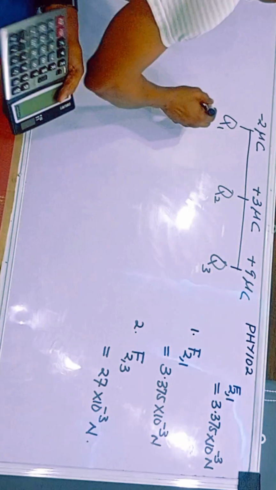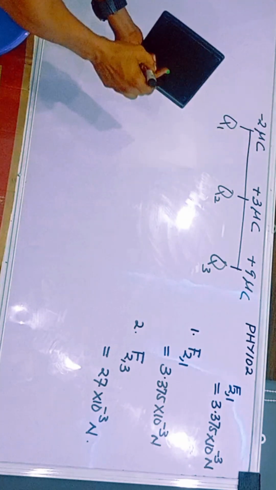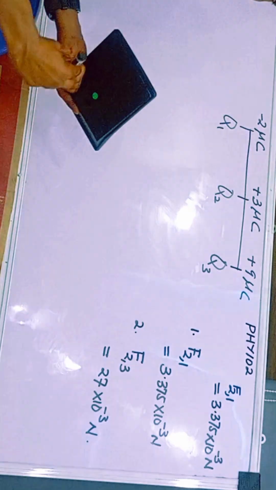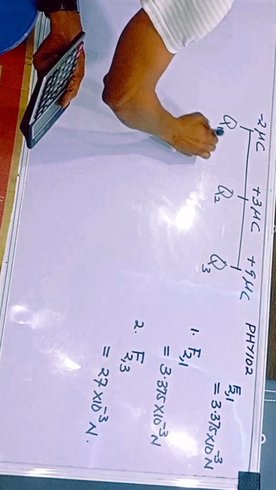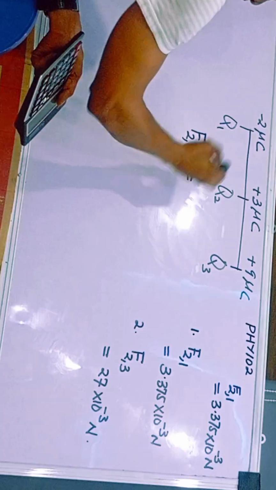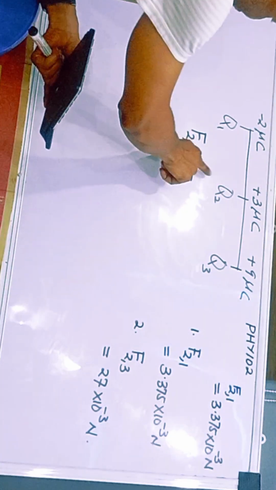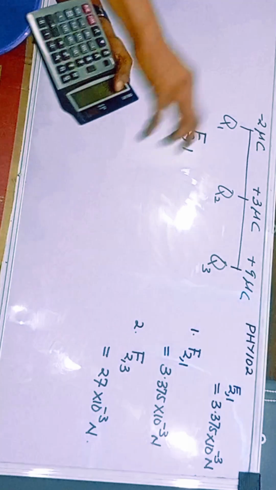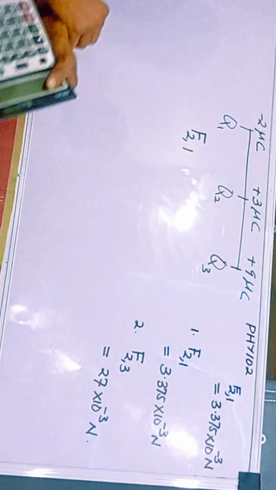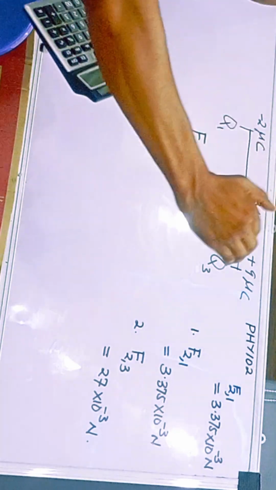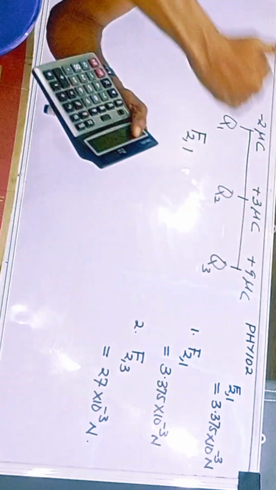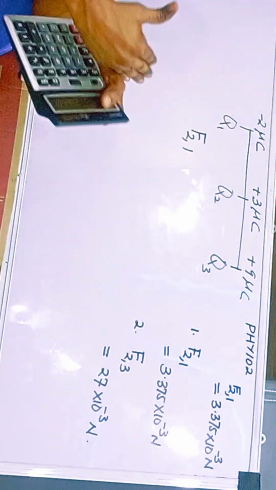My people, this charge here is negatively charged, but this one is positively charged. I'm looking at the direction of force on 2 due to 1. What should be the direction? Let me give you a simple shortcut code. When you have two opposite charges, one negative, one positive, there should be attraction.